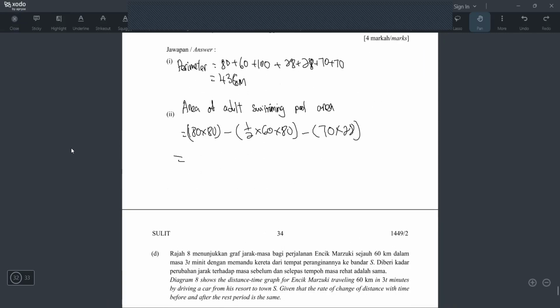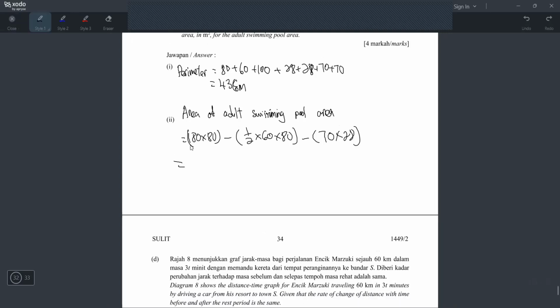Okay, 180 times 80. 14400. And then minus 60 times 80 divide 2, that is 2,400. And then 70 times 28 is 1960.